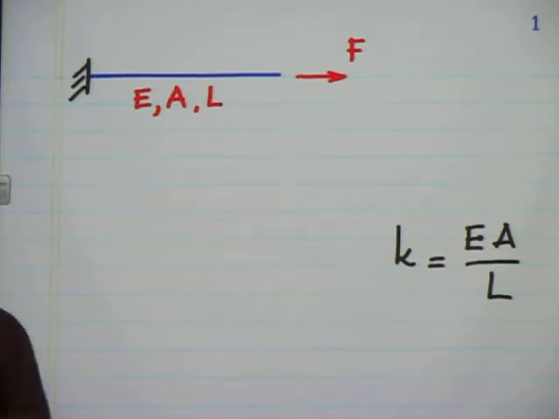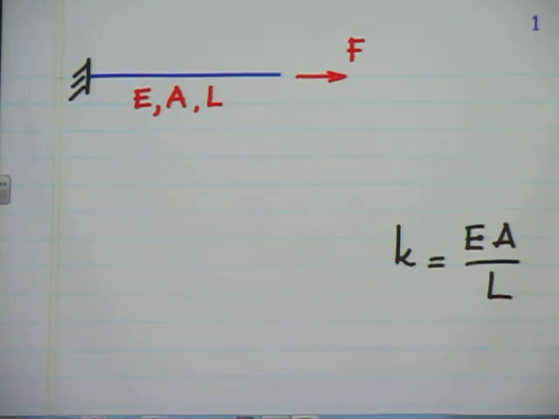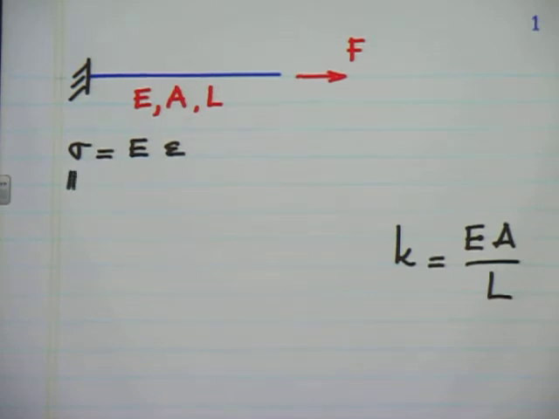You can derive it using Hooke's law. Hooke's law? Excellent. Excellent keyword. So Kevin, how do you write Hooke's law? Stress sigma is equal to Young's modulus times strain, right? So what is stress equal to? Normal stress is force divided by area, right?